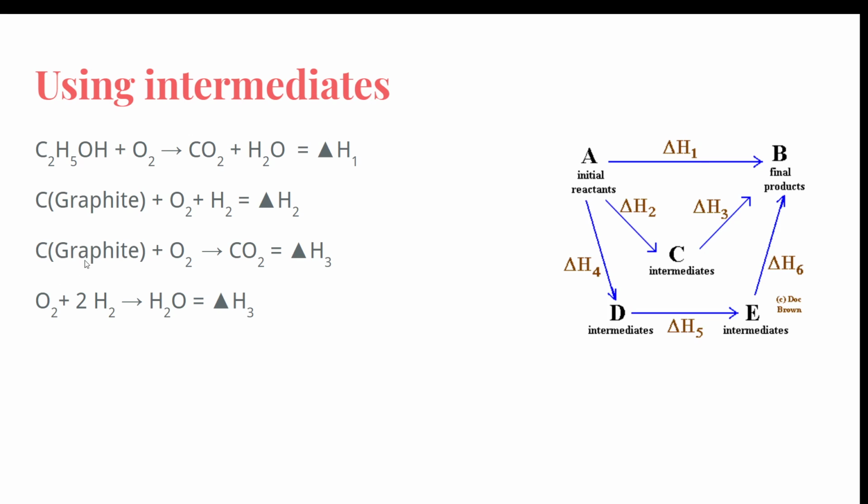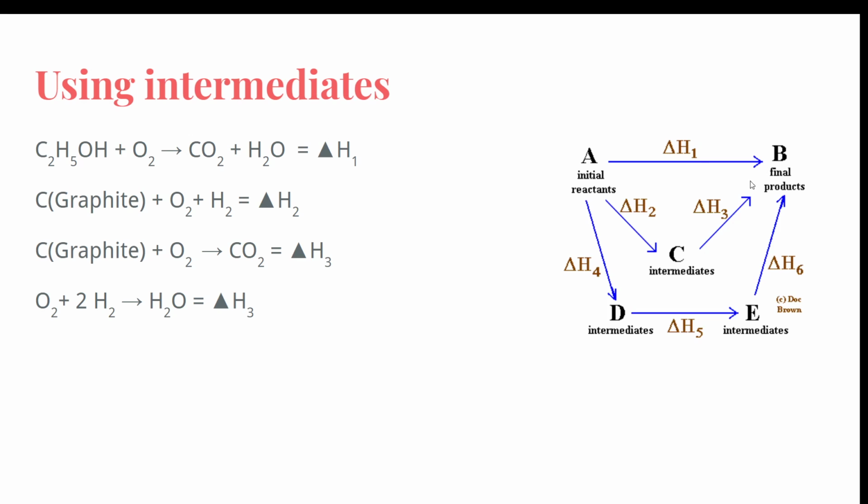Okay, we also have our graphite and oxygen coming together to make CO2, and that's part of H3, okay? This is going from our elemental form to CO2. And I also have the equation for making water, though I don't have it balanced correctly.